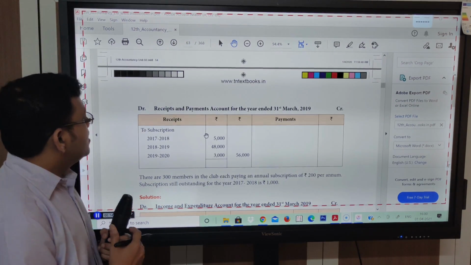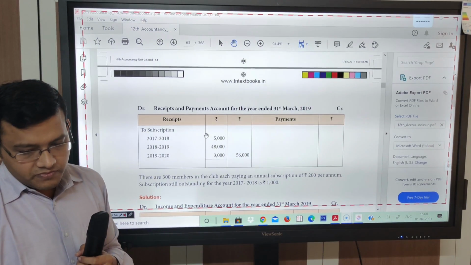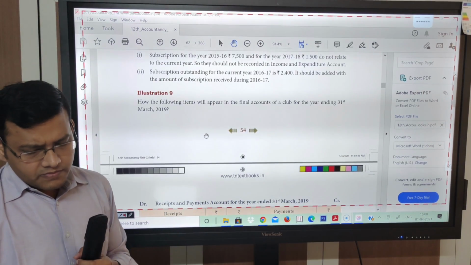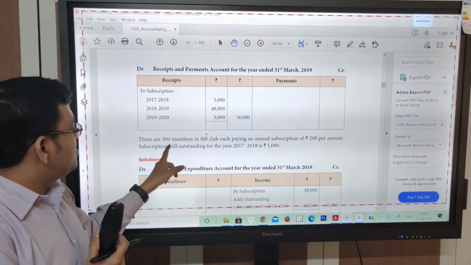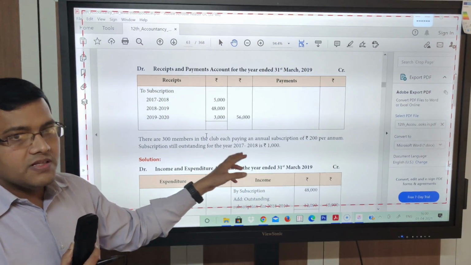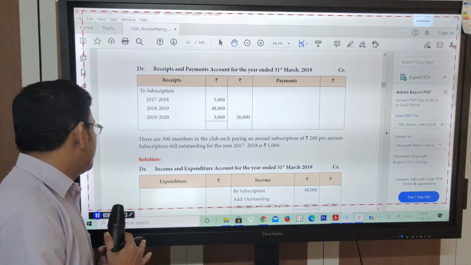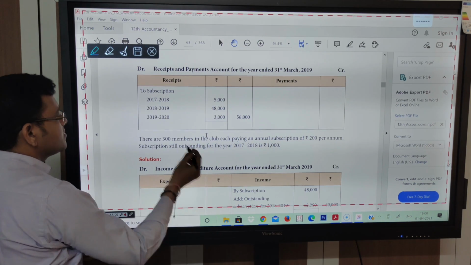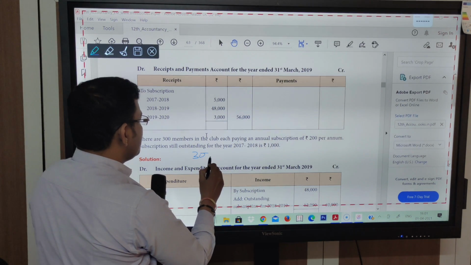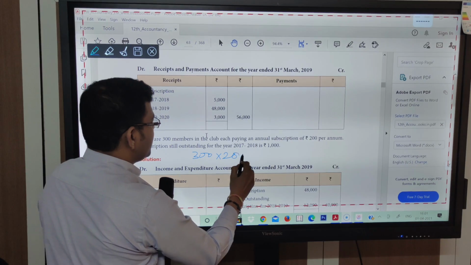Yes. The next illustration, there are 300 members in the club, each paying an annual subscription of 200 per annum. So 300 members are going to pay how much? 200 per annum.